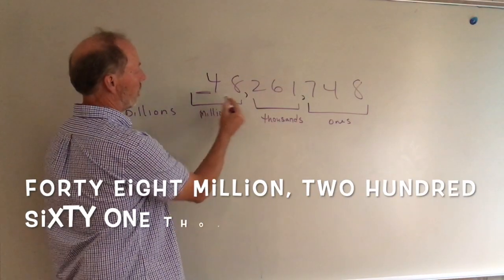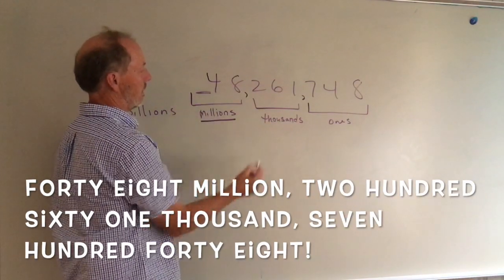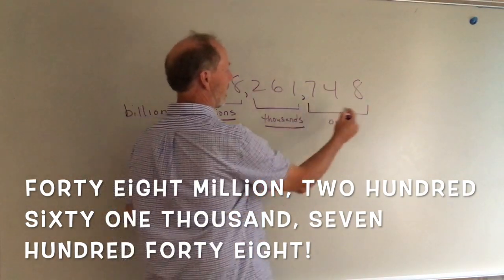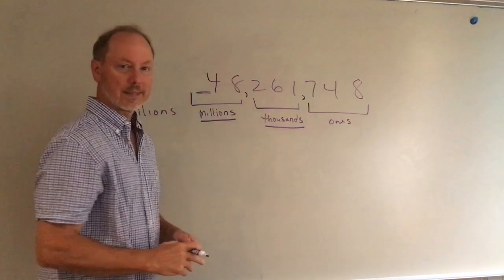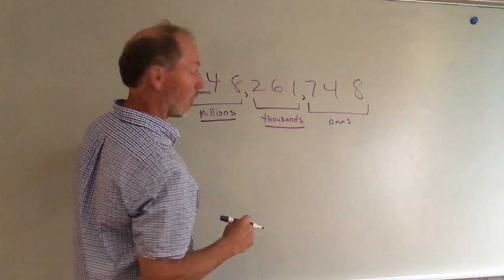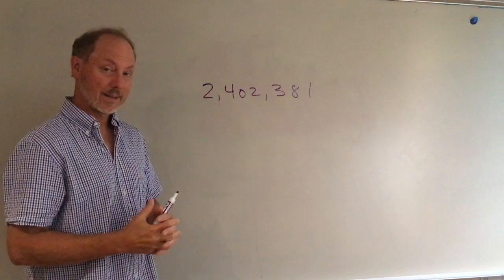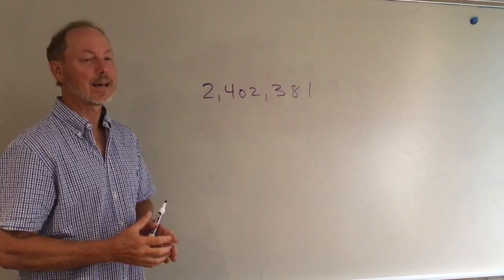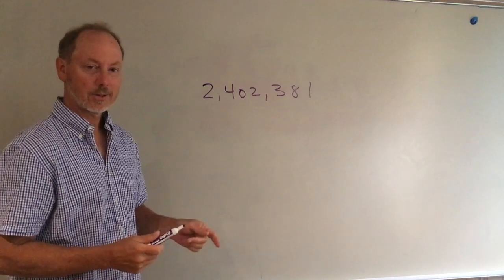So 48,261,000 4,748. Easy peasy, right? You try some on your own. What do you think? Say it with me. Ready? You're not saying it with me.